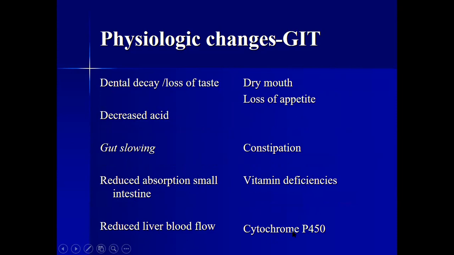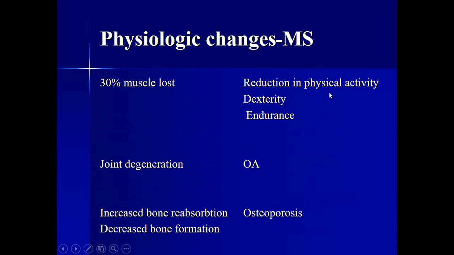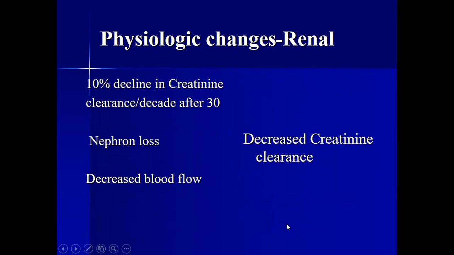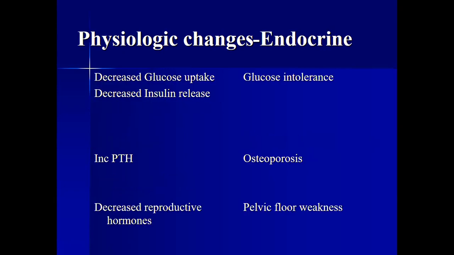Reduced liver cytochrome P450. Reduced physical activity, joint osteoarthritis, osteoporosis, decreased creatinine clearance. These are all clinical aspects, and you should have the basic explanation or the rationale for why the geriatric population has these clinical manifestations.